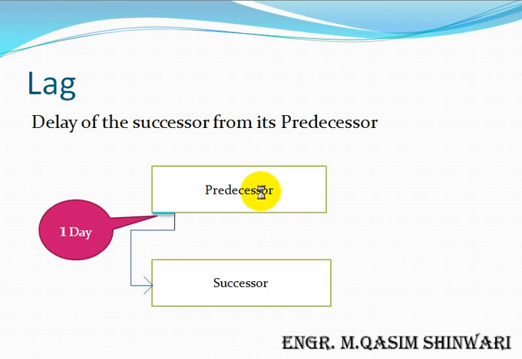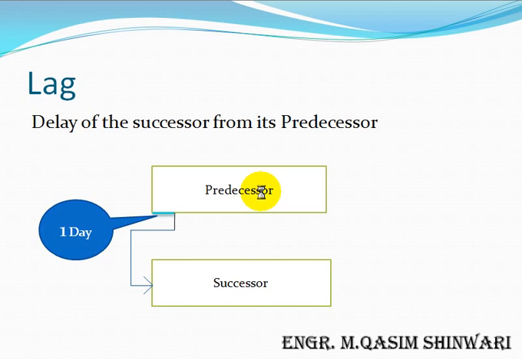If we give this kind of lag which is shown here and is highlighting, it is known as positive lag. For example, this will be entered as +1 or simply 1. So it will give the duration of lag as 1 day.